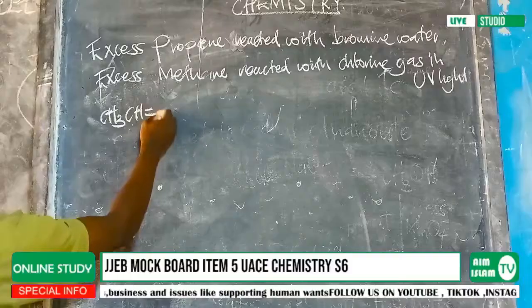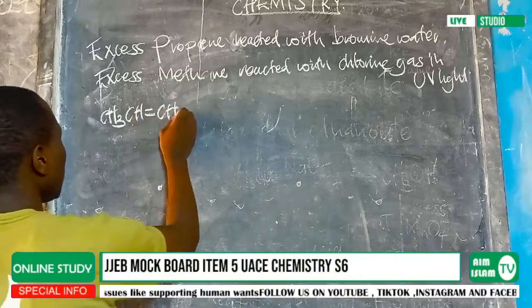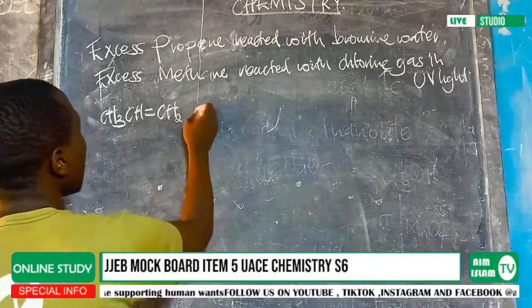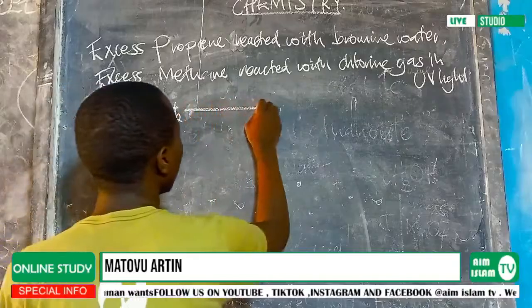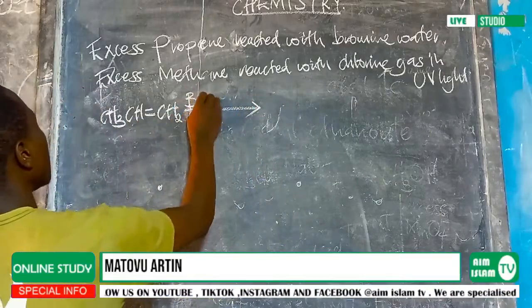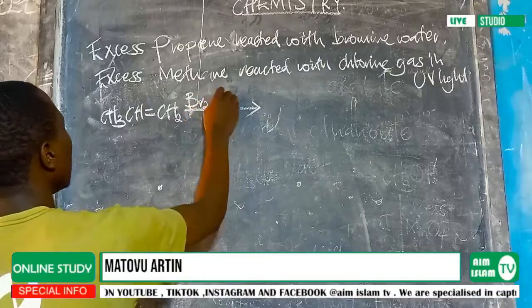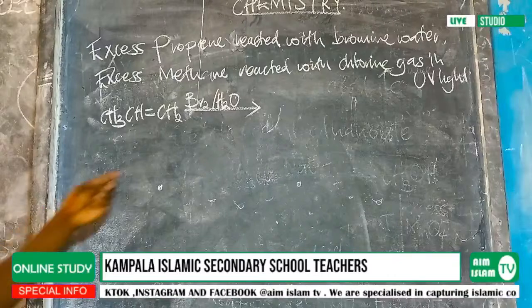propene reacts with bromine water. So bromine, that's bromine water. So we have to obtain a product.